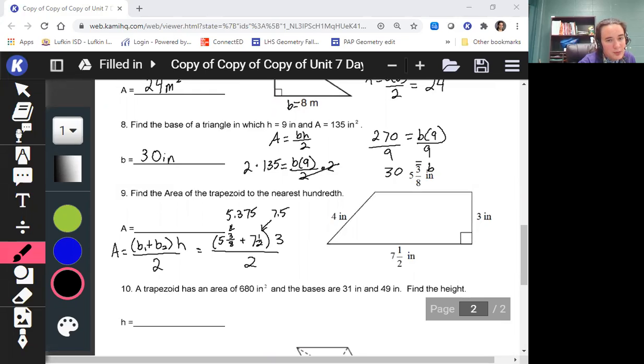And make sure you've got the parentheses, so you do your addition first and then multiply by 3 and then divide by 2. And we get 19 point, rounding to the nearest hundredths, so 19.31 inches squared.